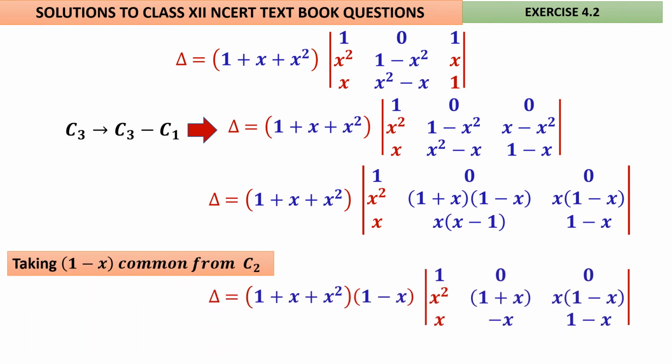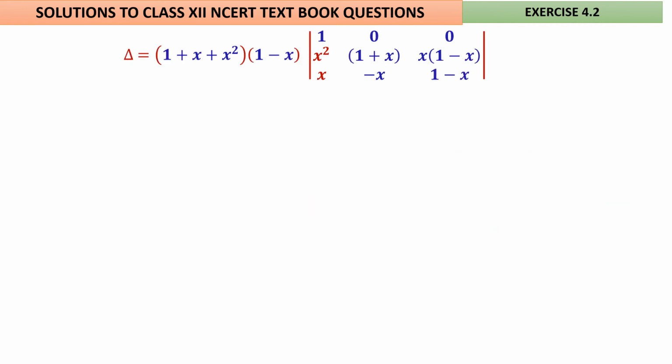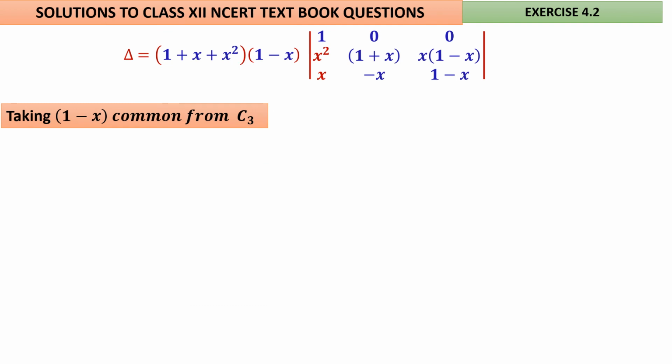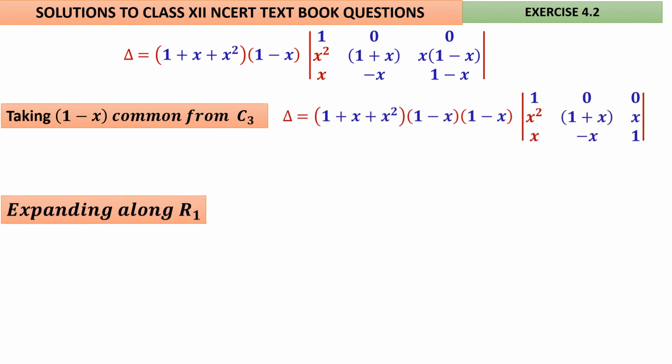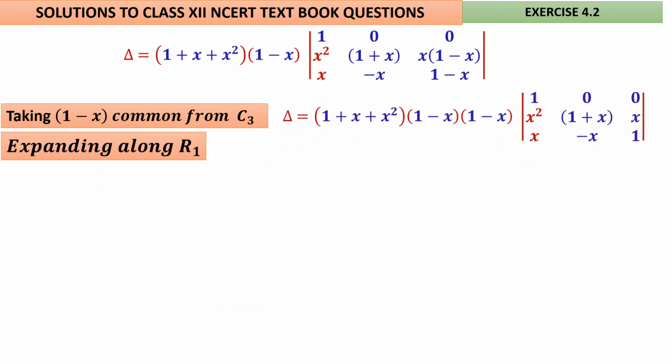Taking 1 minus x common from C2, 1 minus x comes out from C2: 0, 1 plus x, and as you are taking 1 minus x outside, you are getting minus x over there. Again, from the third column you can take 1 minus x outside. It will become 1 plus x square multiplied by 1 minus x the whole square, and you are getting that bracket now.